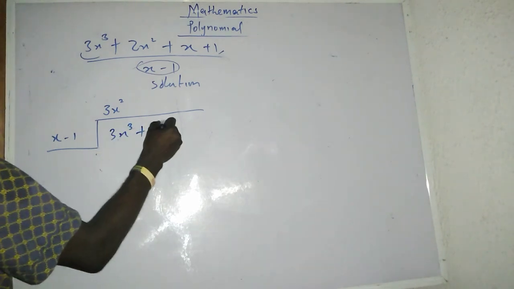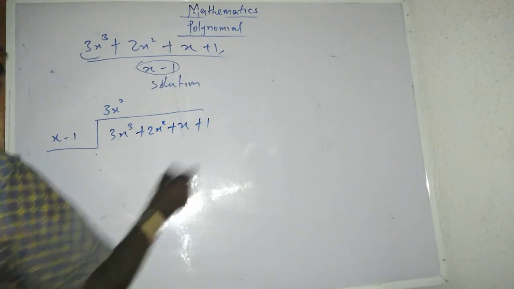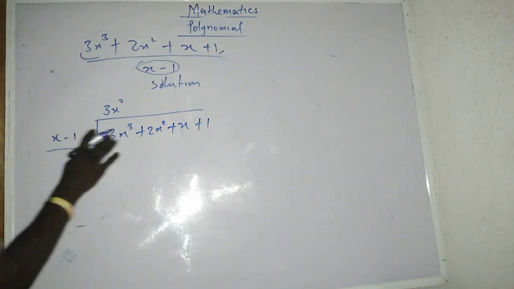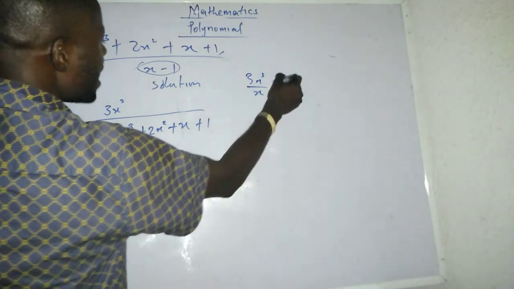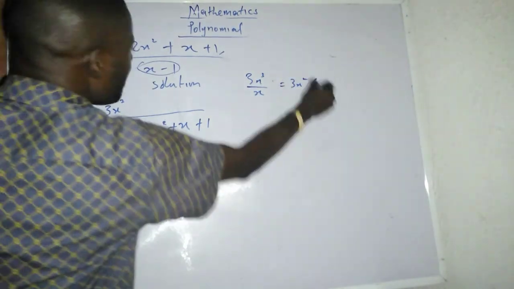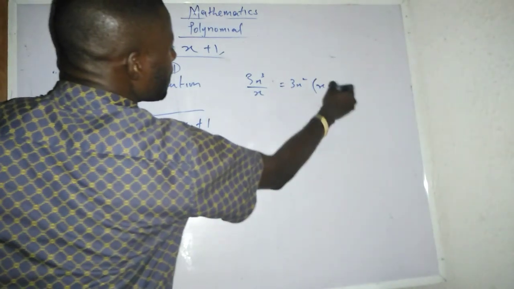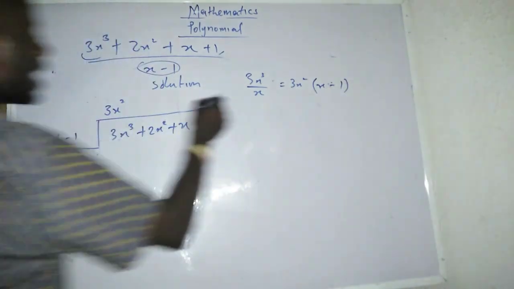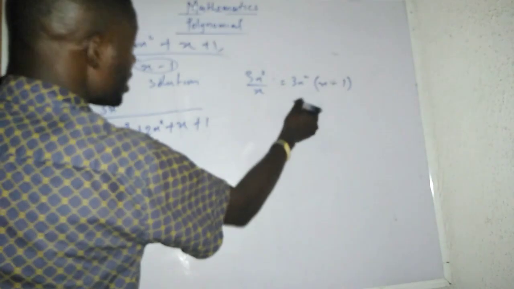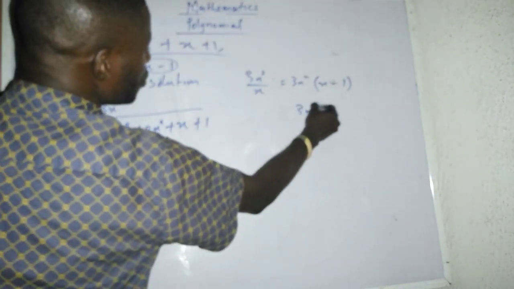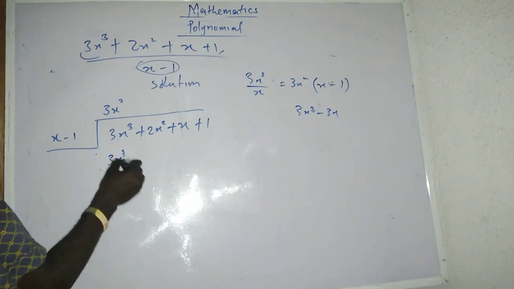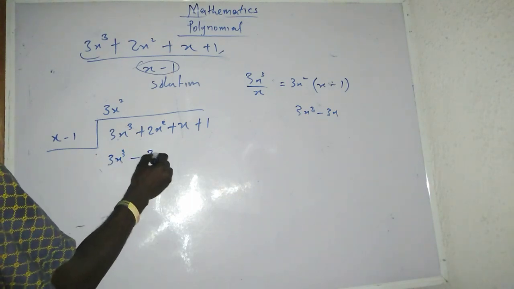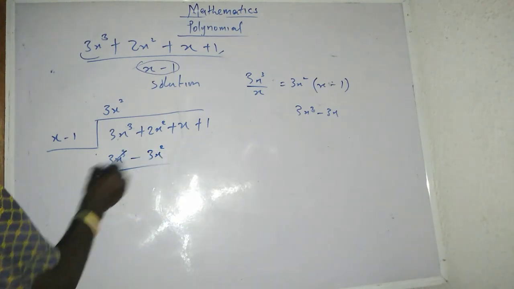3x cubed plus 2x squared plus x plus 1. Now, I have this divided by this, which is 3x cubed divided by x. I have 3x squared. That multiplied by my divisor, x minus 1, which I have 3x cubed minus 3x squared. Sorry for the mistake. This will cancel that.